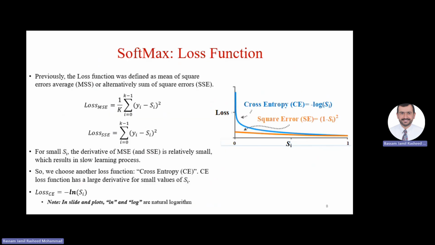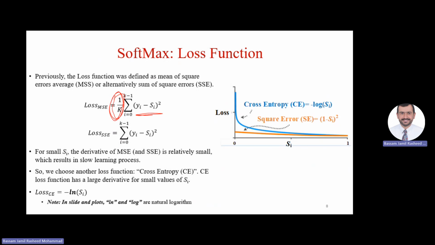Okay, now softmax gives me a loss function special for softmax. If you stay without a softmax, you can use a loss function. Remember in the last class, how did we define the loss function? Well, we defined it with the mean, I'm sorry, the mean of the square errors.